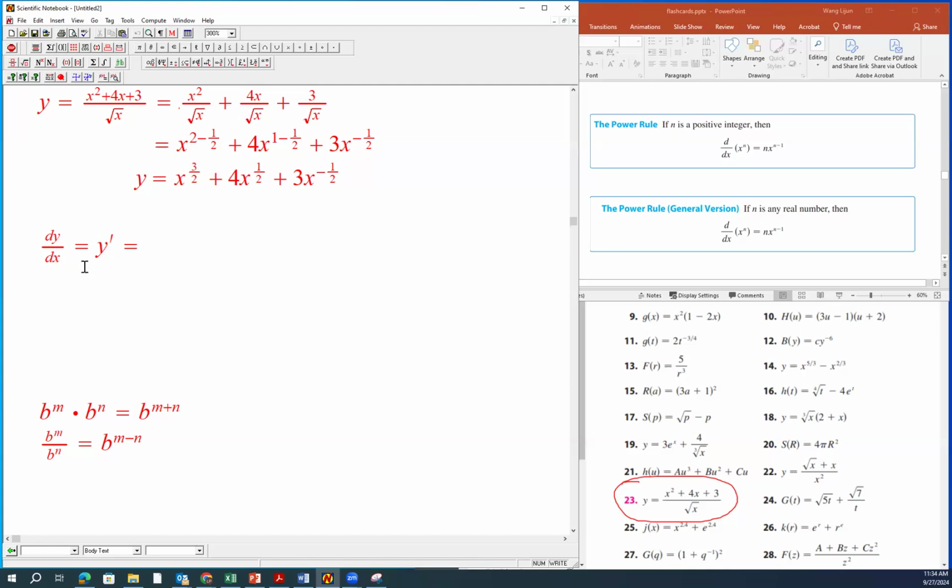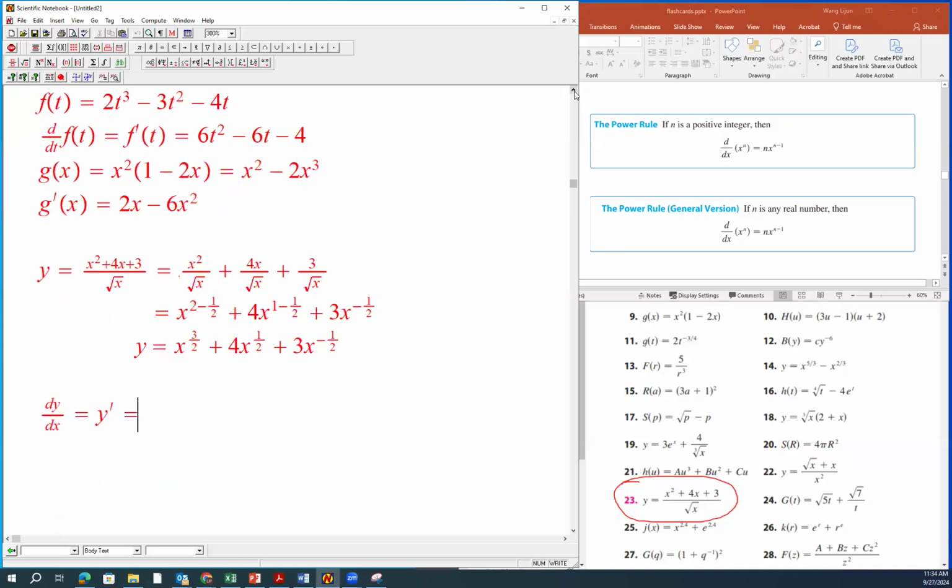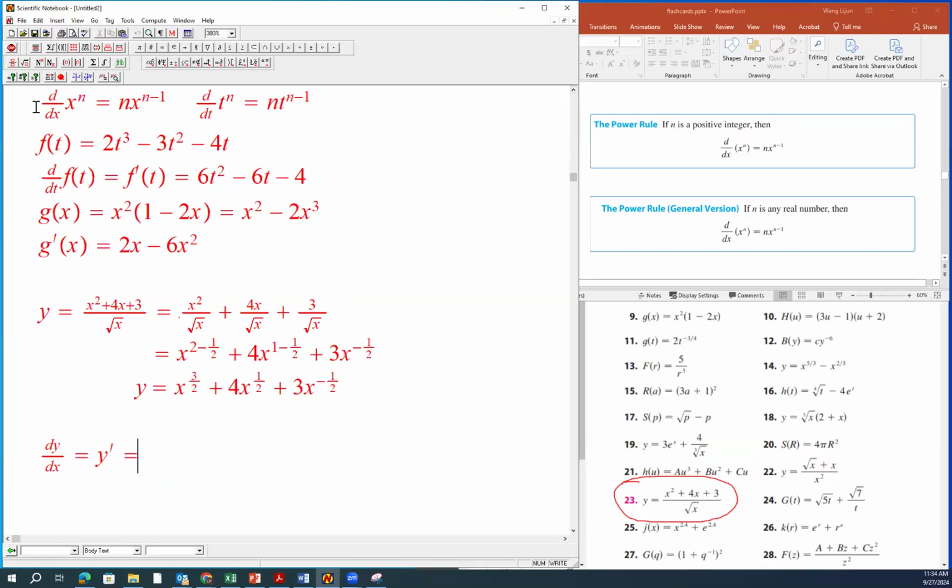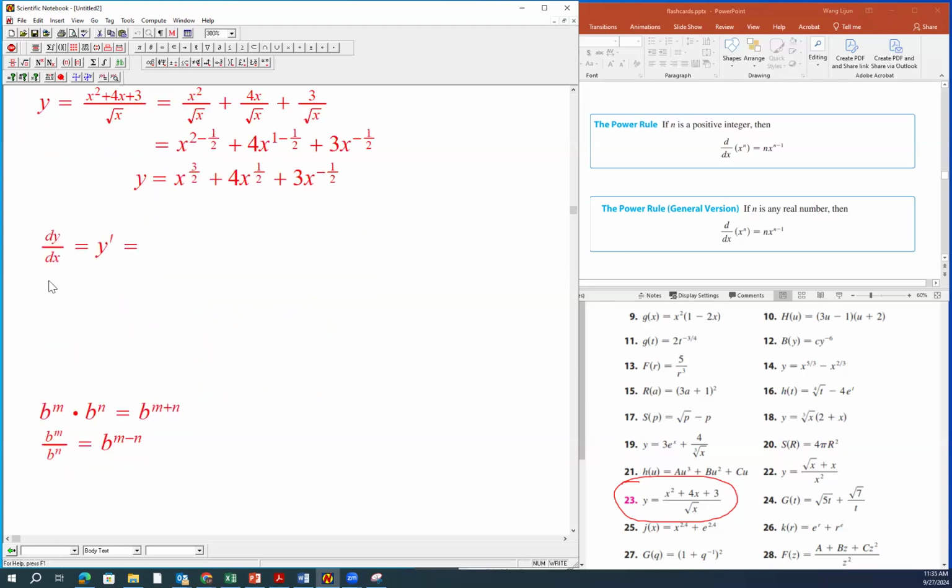And then we're going to differentiate according to the power rule. Okay, so where's our power rule? Right there. So we're going to apply the power rule. I believe by this time you probably don't really need the power rule next to you, but it's okay if you need more time to get used to it.